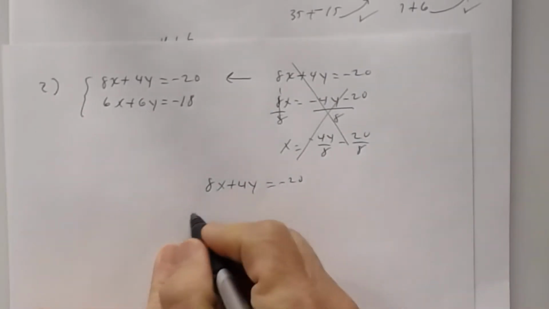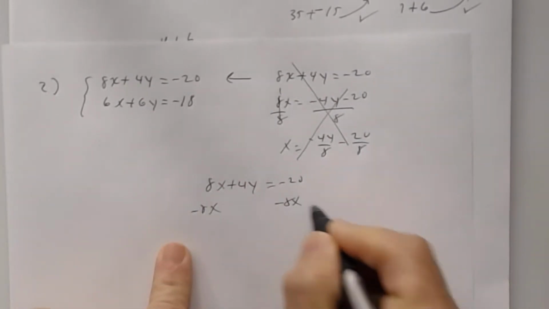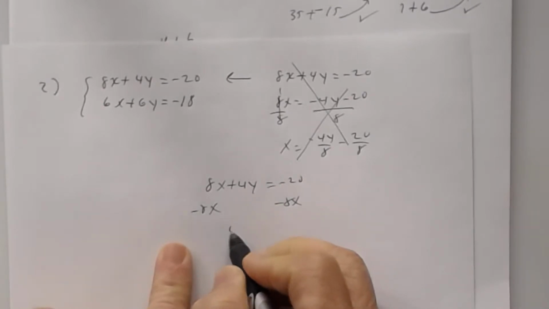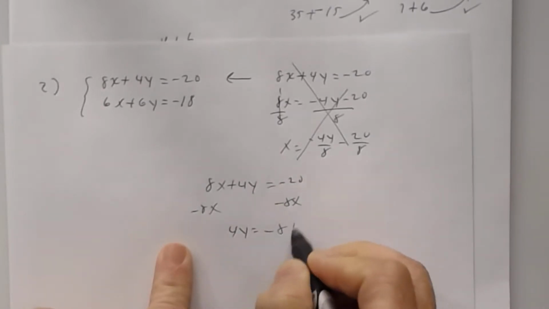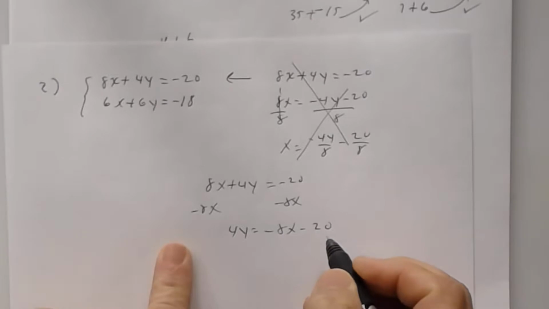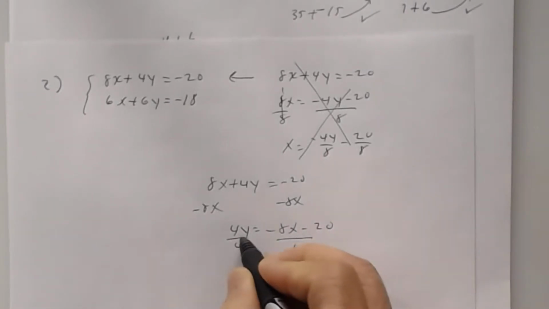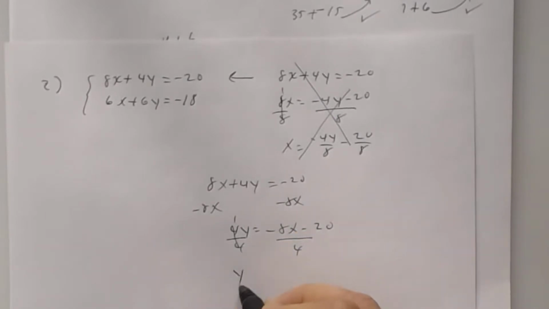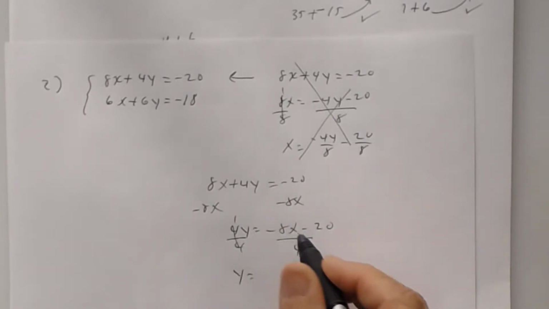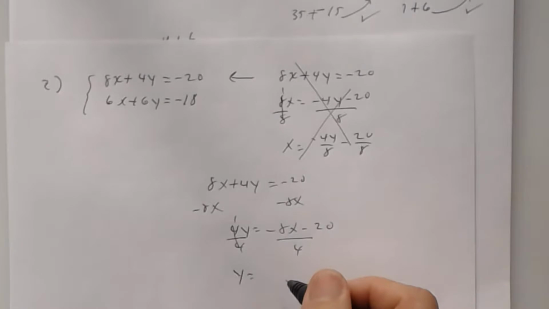I'm going to subtract 8x from both sides. And so I get 4y equals negative 8x minus 20. Y'all agree? Okay, what's the next step? Divide both sides by 4, and notice what happens. I get y equals negative 8x divided by 4, which is negative 2x. Negative 20 divided by 4 is negative 5. And so I end up with an expression without any fractions.